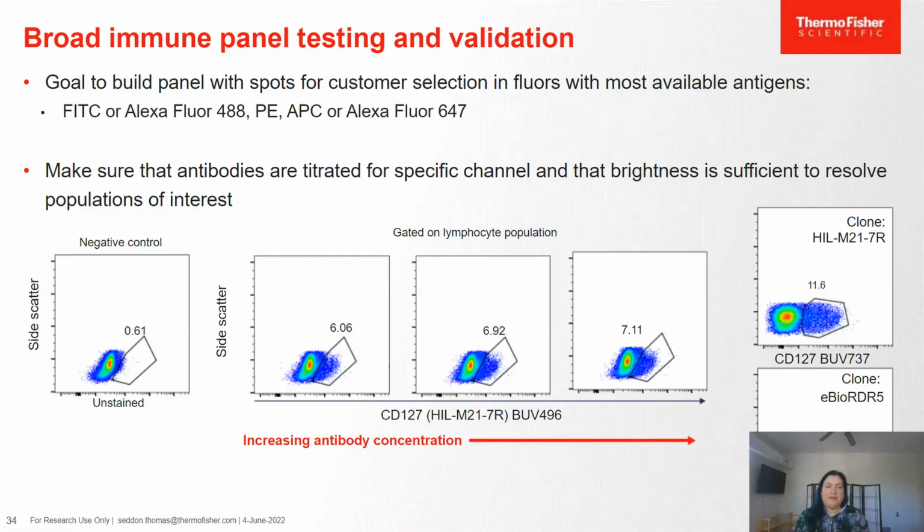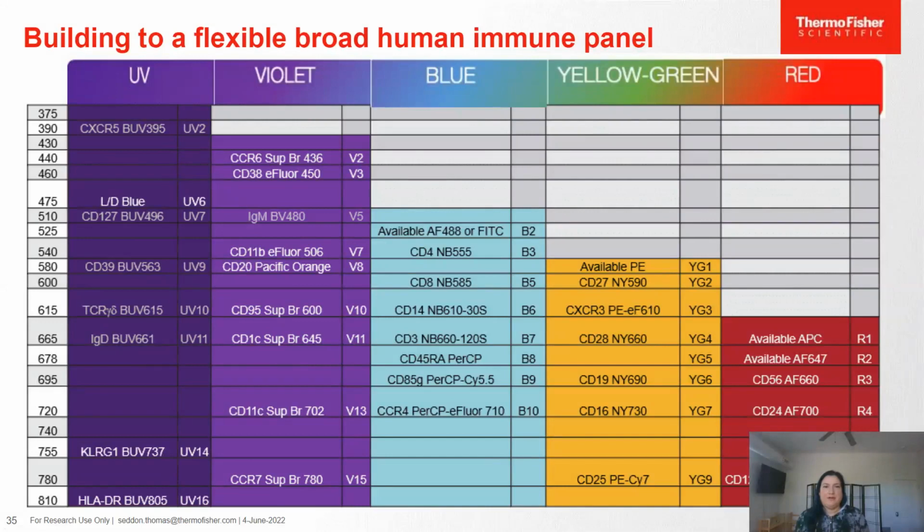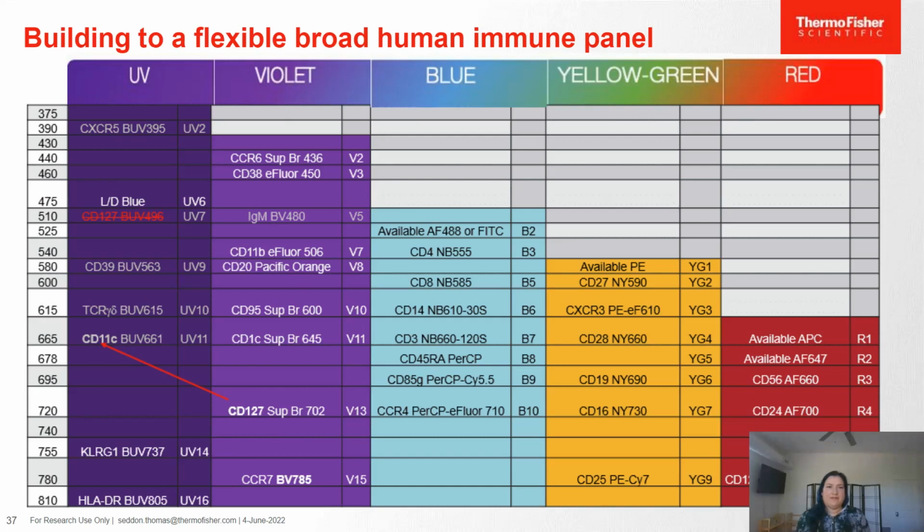So this was something that, after building out the panel and dealing with issues of supply, I had to look at again. As an example here, this change in CD127 means that I can switch that over from here to moving that in place of the Super Bright 702. Then, because I had built this rather tightly, I had to move CD11c to BUV 661, and then move IgD to FITC in this placeholder space.